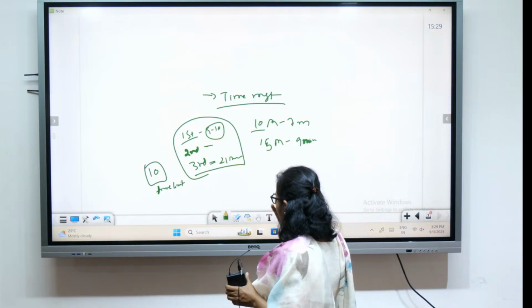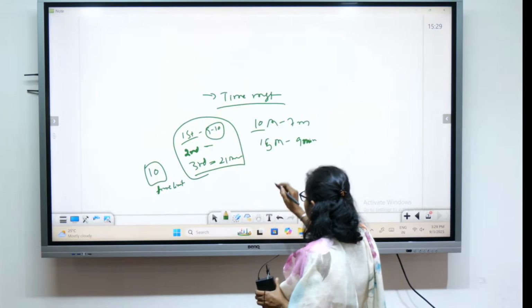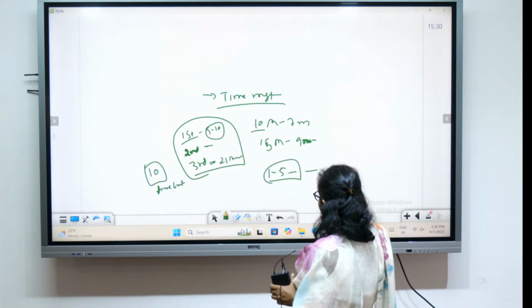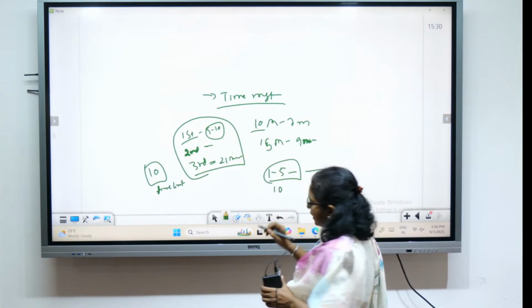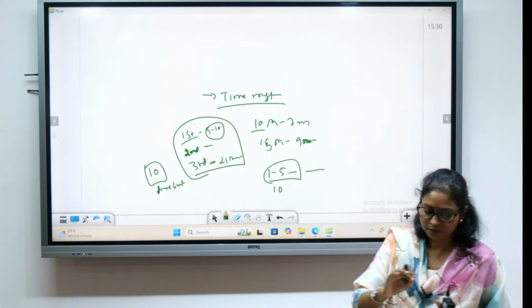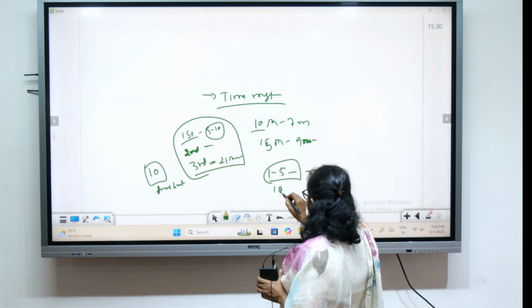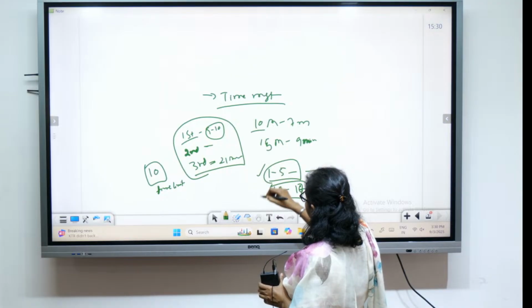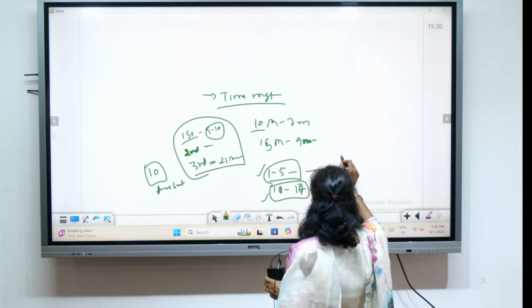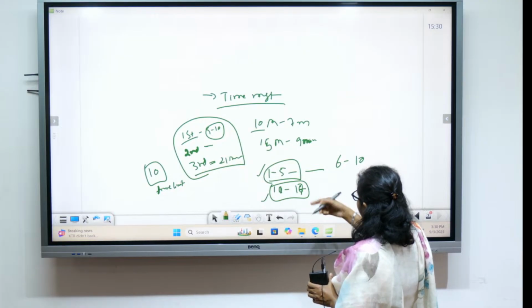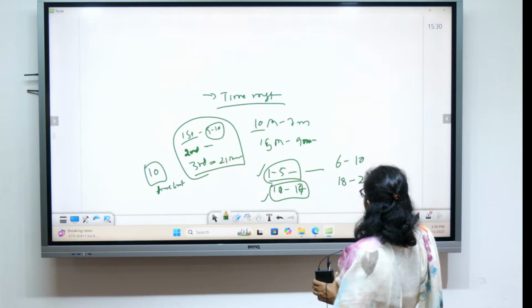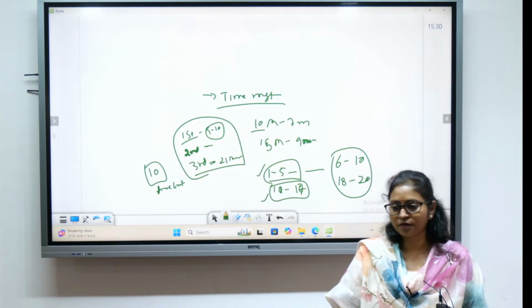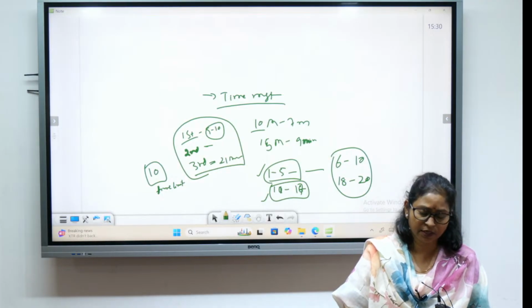Another way of completing the paper, which I also suggest, is that initially you go for questions 1 to 5, and then you can go for 11 to 16 or 17. First you write these, then again come back to 6 to 10, and then 18 to 20. Like this you can proceed. Because the initial 5 to 6 questions form the impression, they have to be really good.